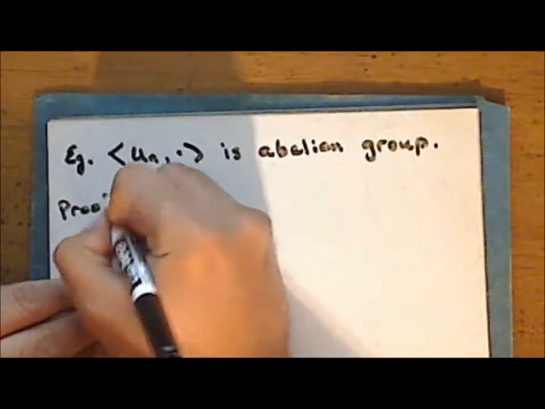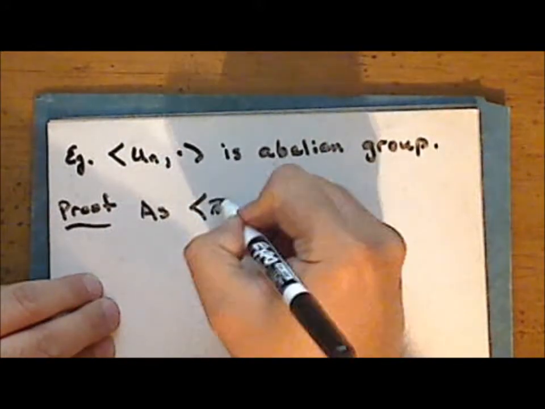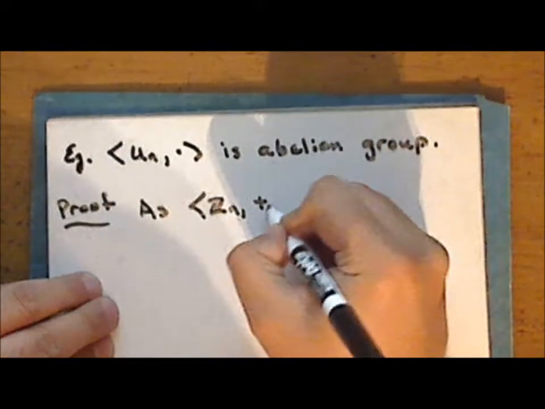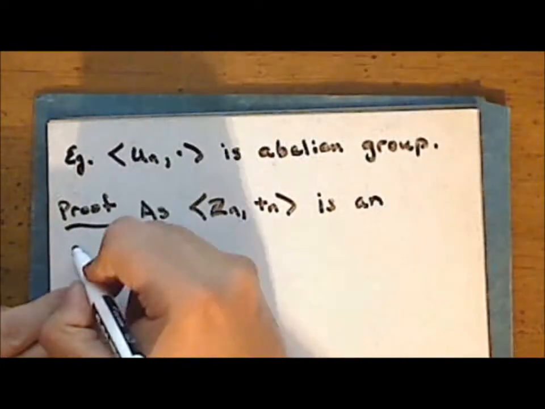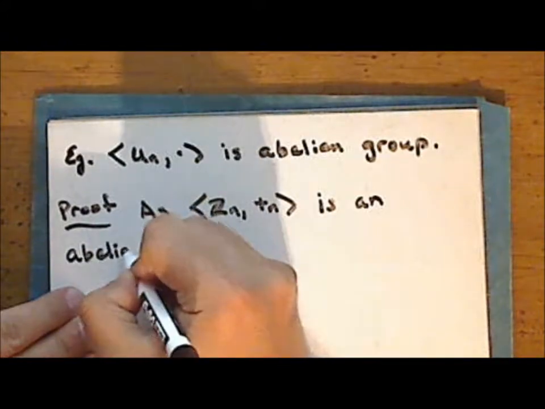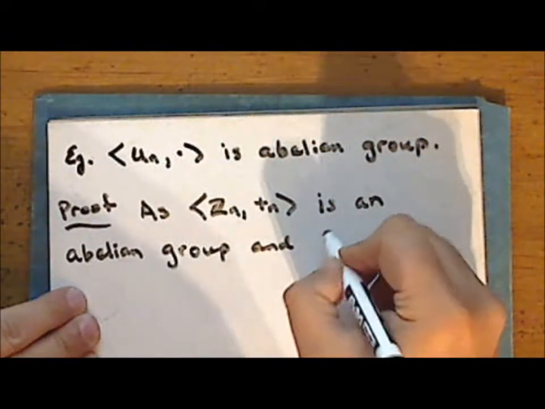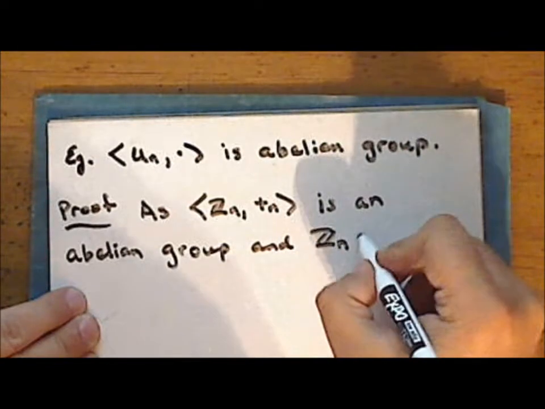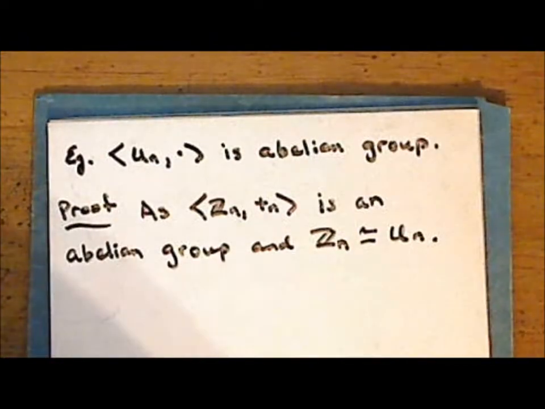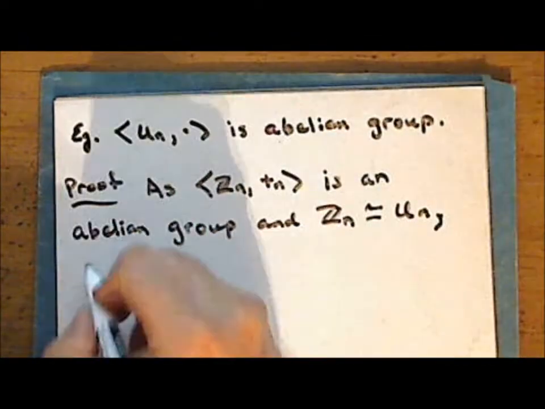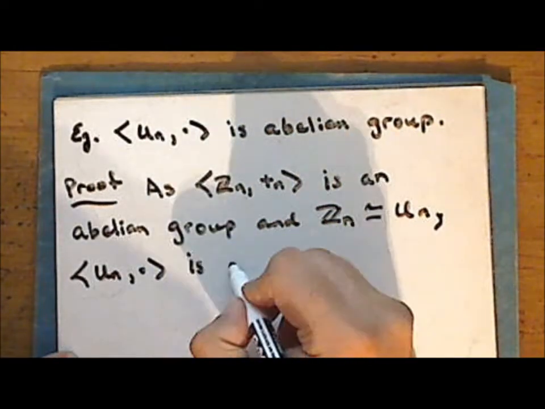So proof, as the integers modulo n under addition modulo n is an abelian group, and the integers modulo n is isomorphic to the nth roots of unity, the nth roots of unity under multiplication is an abelian group.